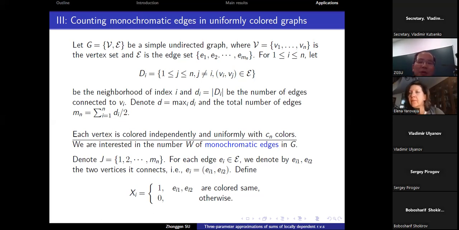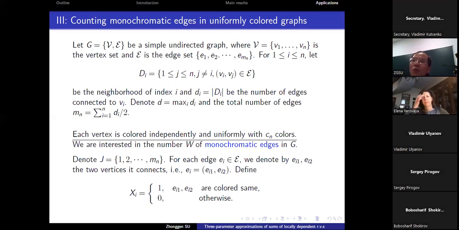As you see in our examples, the basic random variables are independent, and the X_i actually depend on underlying independent structures, but the X_i themselves are not independent.